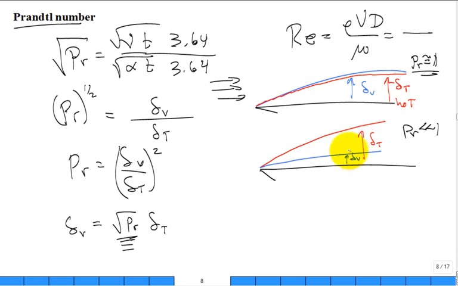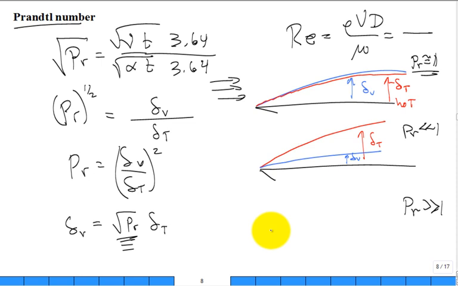Wouldn't the penetration of the thermal change go faster and deeper than the velocity change? That's true. And then guess what? You can have materials where the Prandtl number is just opposite.